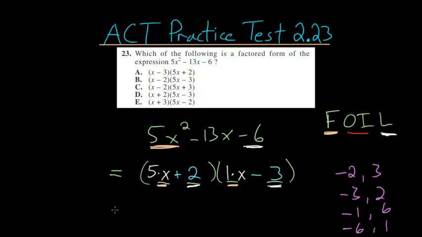And let's just test it to make sure, because that test was just quick mental arithmetic. So we have 5x times 1x, which is 5x squared. Minus 3 times 5x is minus 15x. Plus 2 times 1x is plus 2x. And plus 2 times minus 3 would be minus 6.